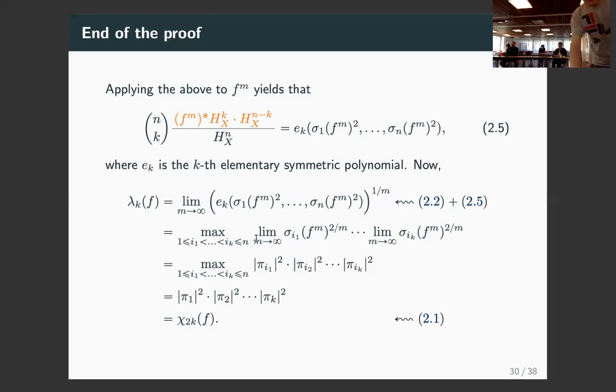This is another linear algebra fact: the limit of the mth root of a singular value of the iterate of f goes to the eigenvalue. So this is a relation between singular value and eigenvalue. Then we see that the maximum must be attained at the first k indices, so it is equal to chi to k.